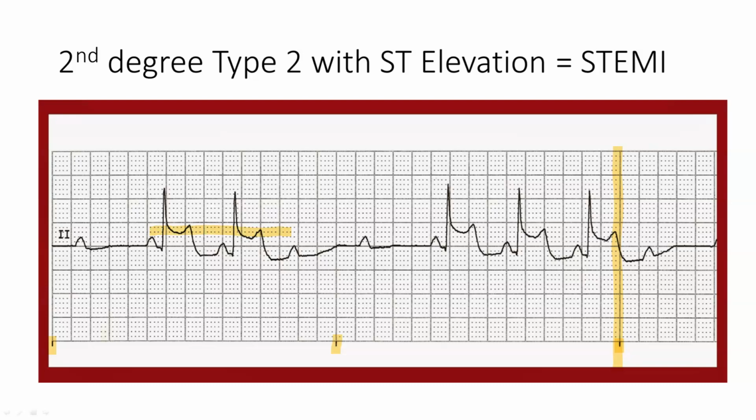But what I also see is some rando Ps without QRSs, and we know that that is some sort of heart block when there's not a QRS associated with the P. So I have it here, I have it here, not here, not here, I have it here.